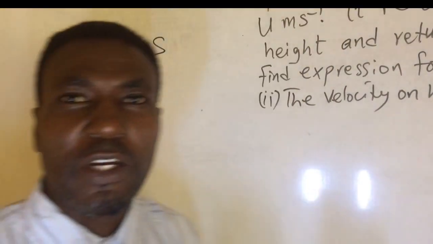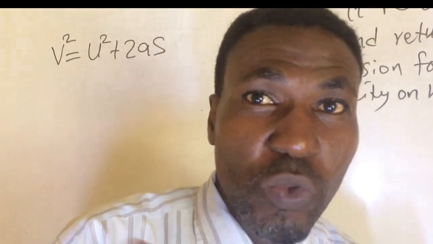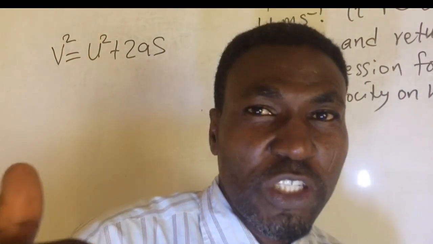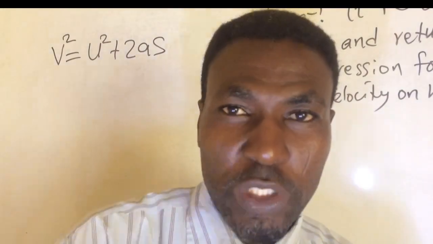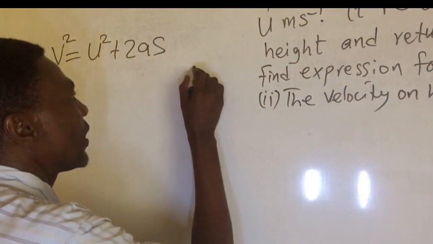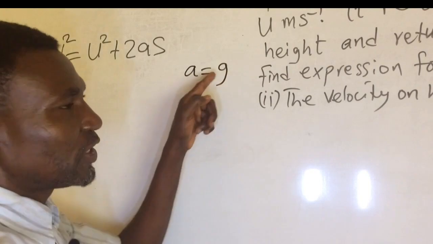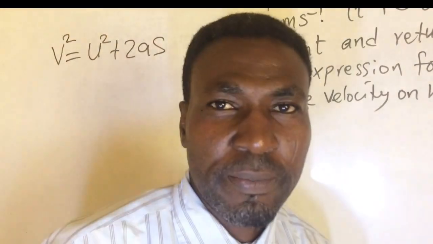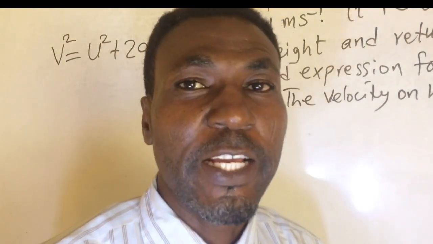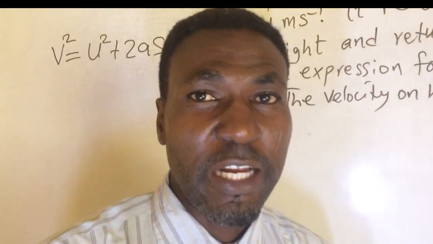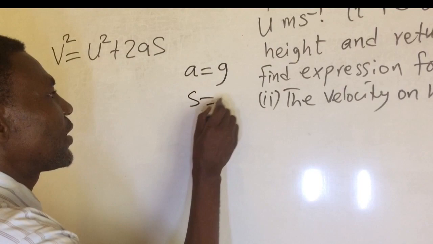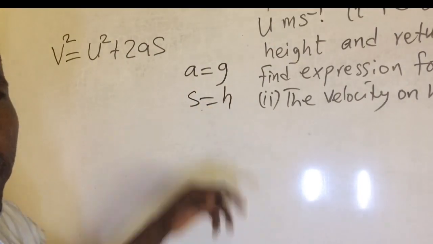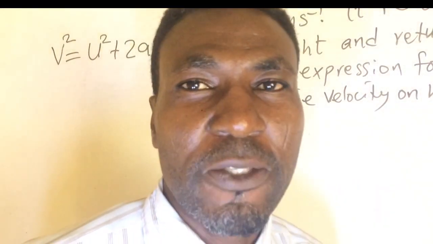The acceleration will now go in the same direction as gravity, and the stone is now moving in the same direction as gravity. So our a will now be g, positive g, no longer minus. Minus is when it's going against gravity, but now it's going in the same direction as gravity. And our s will now be the maximum height.